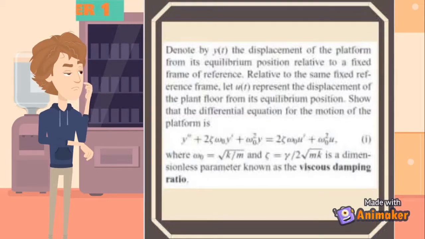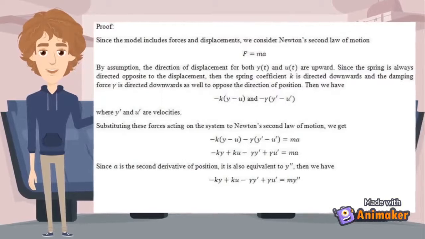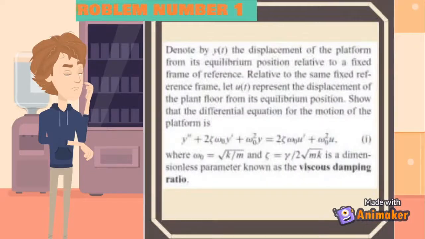Show that the differential equation for the motion of the platform is y double prime plus 2 zeta omega naught y prime plus omega naught squared times y is equal to 2 zeta omega naught u prime plus omega naught squared times u, where omega naught is equal to the square root of k over m and zeta is equal to gamma over 2 times the square root of m times k is a dimensionless parameter known as the viscous damping ratio.